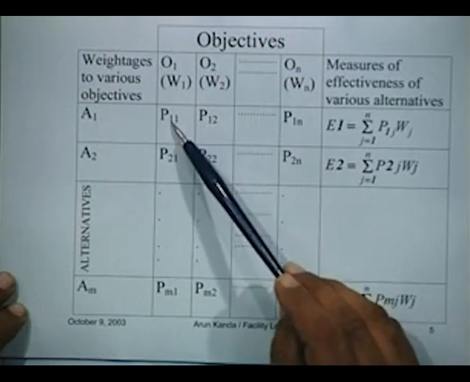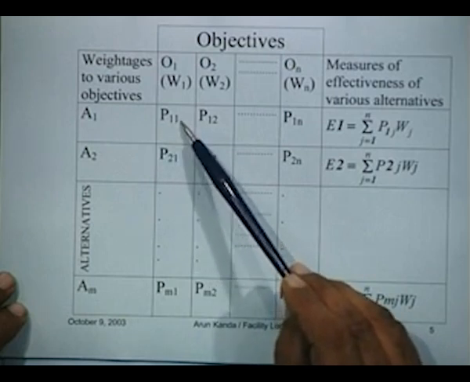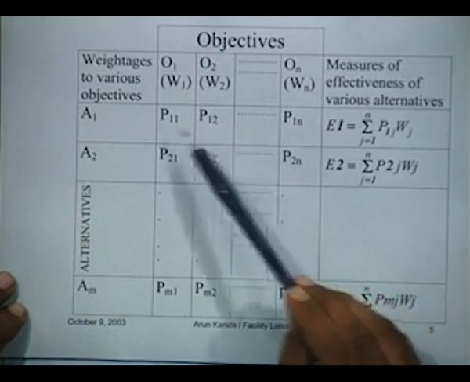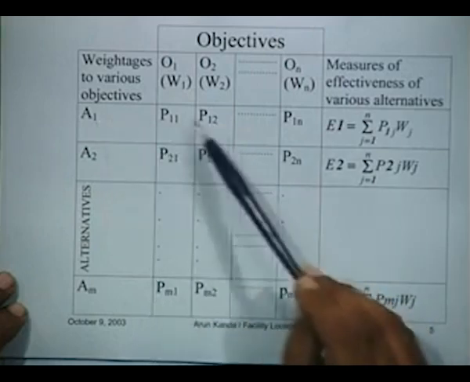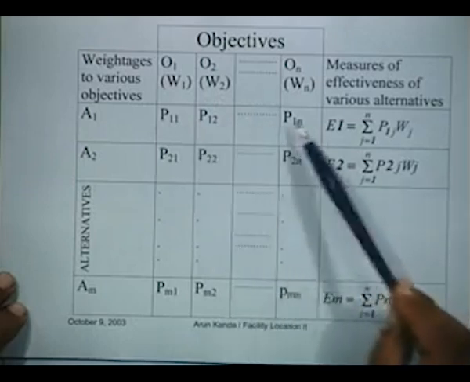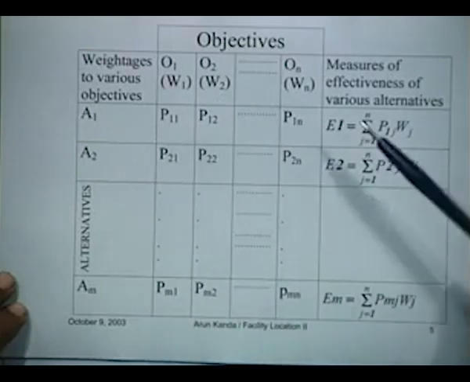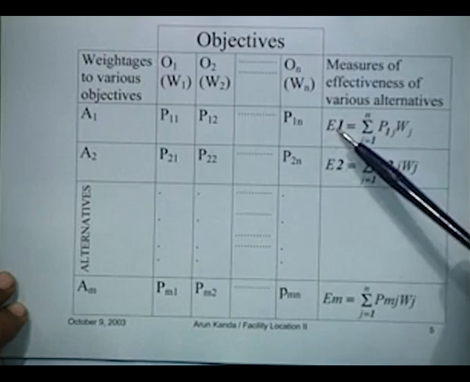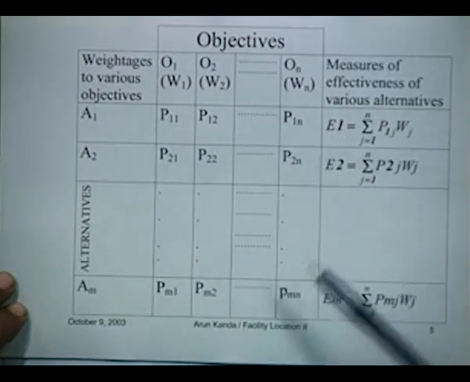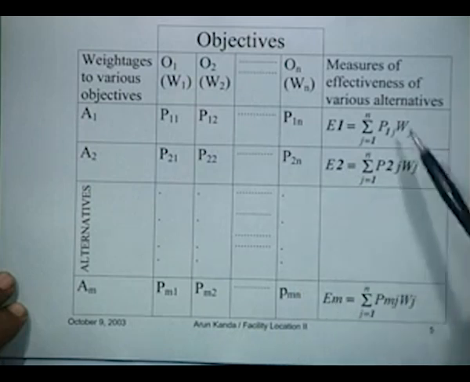For instance, P11 is the score given to the first alternative on the first objective. P12 is the score given to the first alternative on the second objective, and so on. So if we can then get these scores somehow, then what we simply have to do is we can calculate the effectiveness of alternative A1, alternative A2, alternative AM if there are M alternatives, and get a kind of a score.